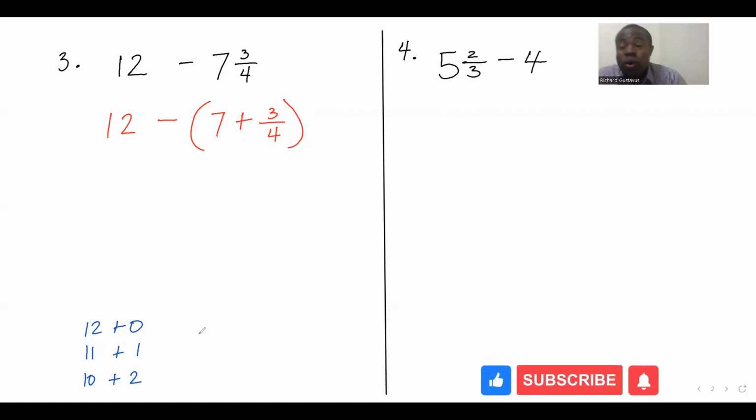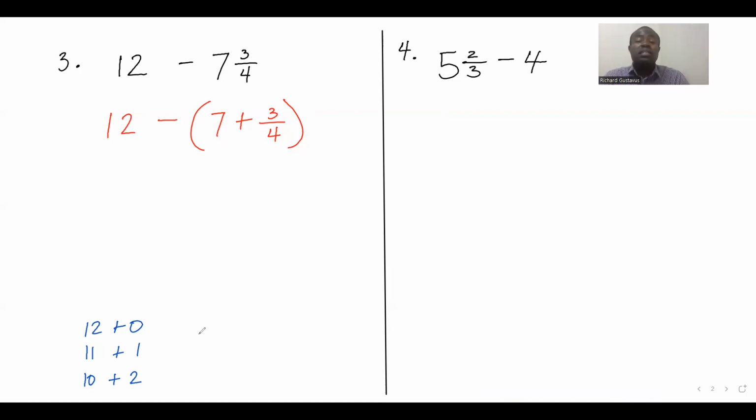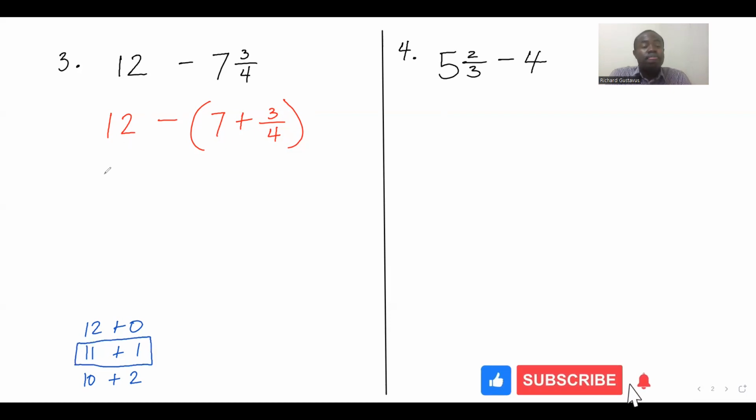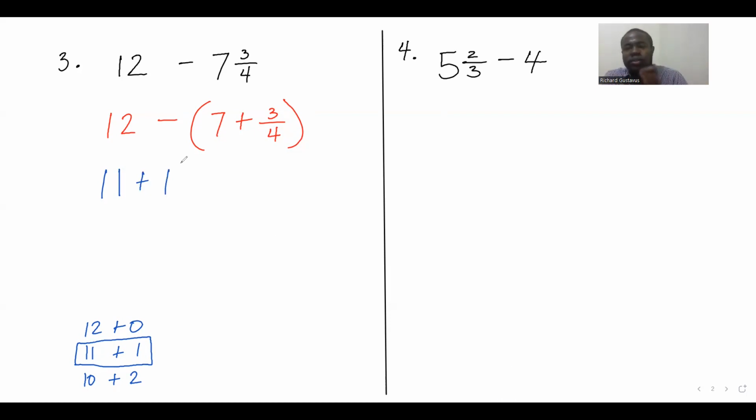But we're going to rewrite it as a sum including 1. So that will simply leave us with this one, right? Which is 11 plus 1. So this is now 11 plus 1. I'll explain further why we use 1.